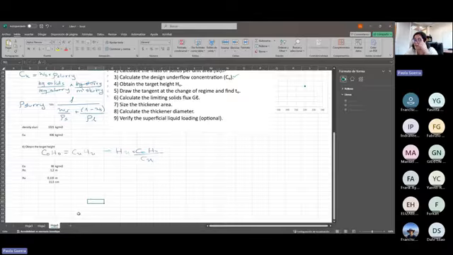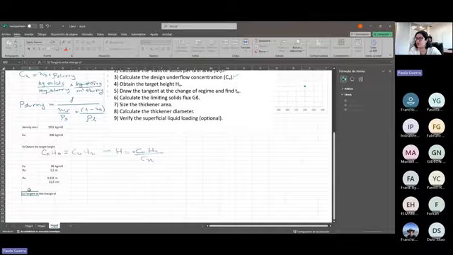So now we have all that we need to start calculating TU, which is: draw the tangents at the change of regime, find TU.